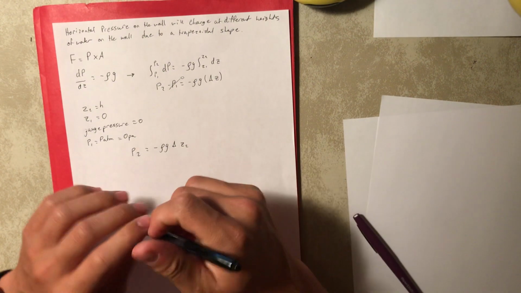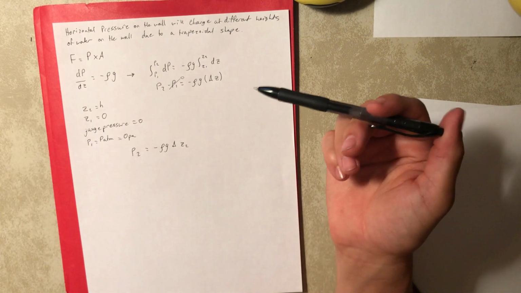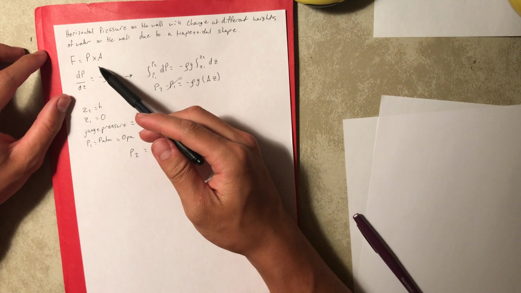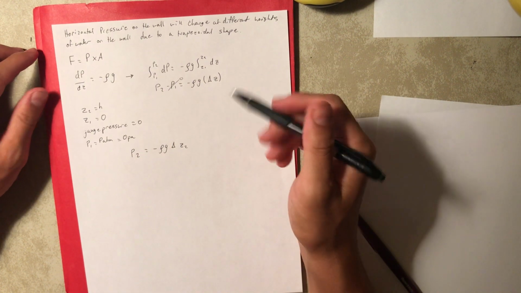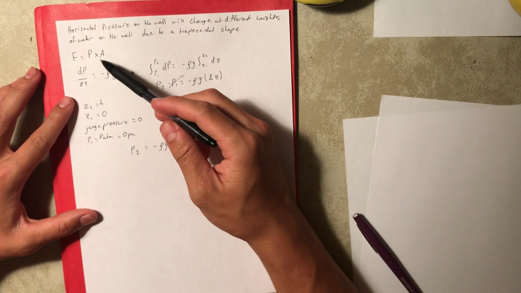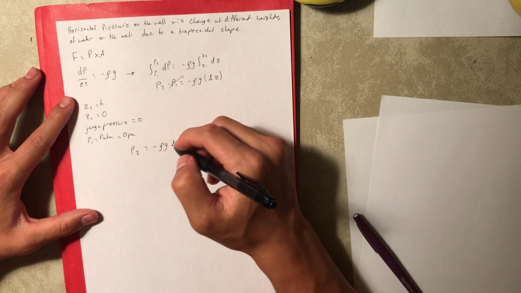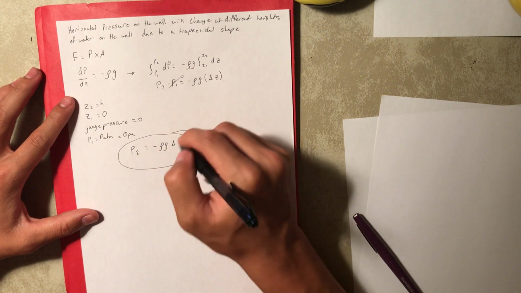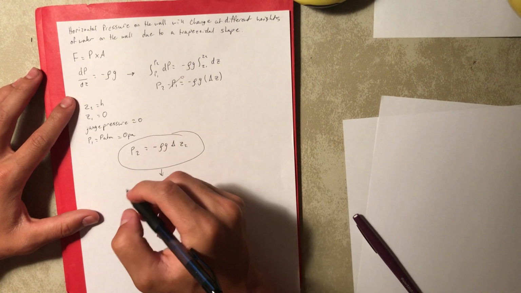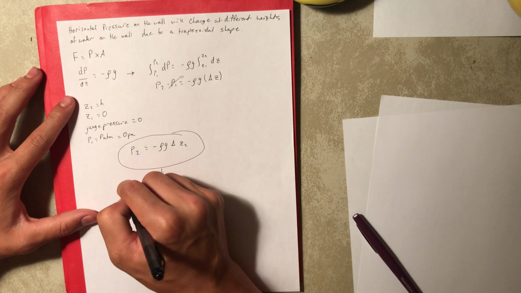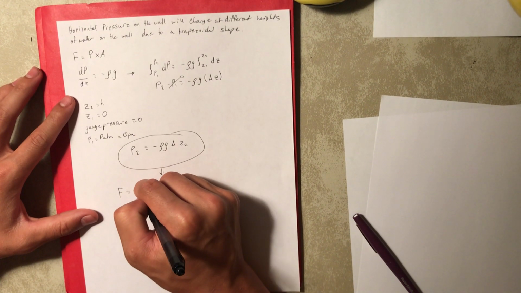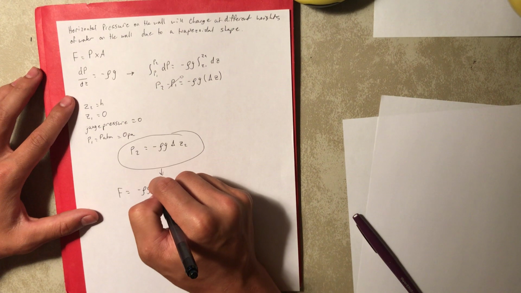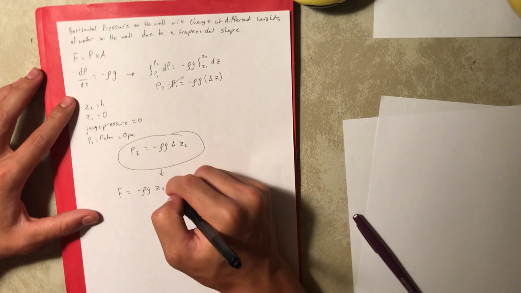We again take the original equation of F is equal to P times A and substitute that back in. So if we substitute F equals P times A back into our equation here, what we'll have underneath it is F is equal to negative rho g Z2 A.